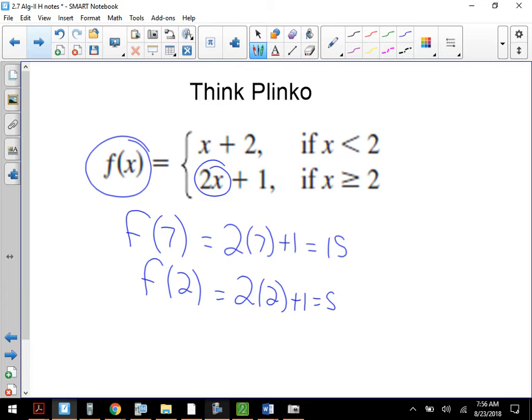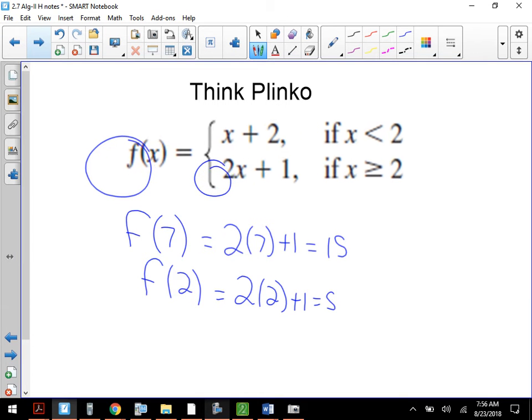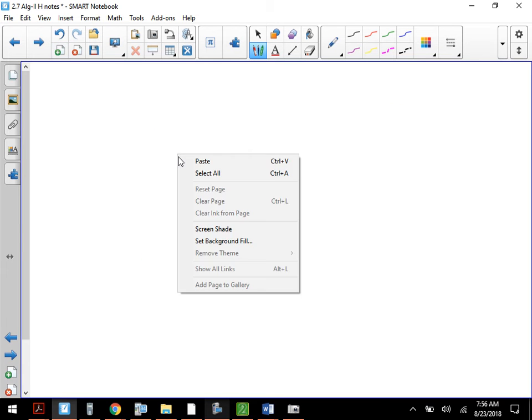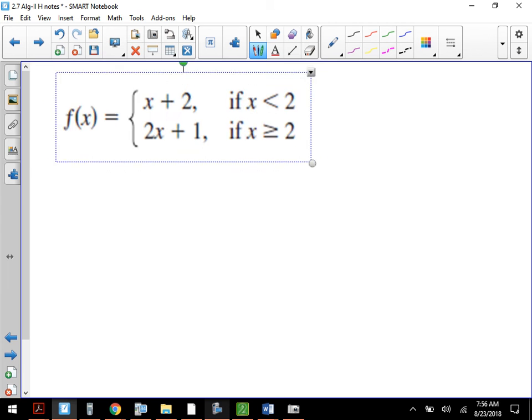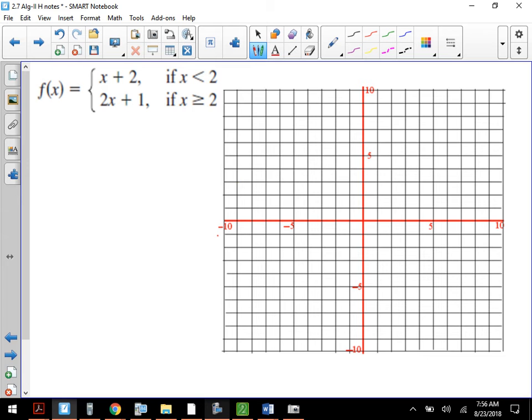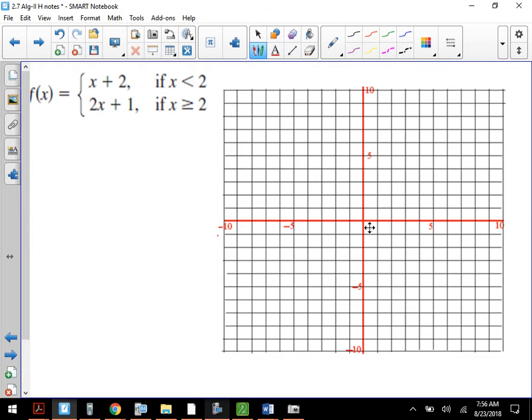Sure. You can use your own graph paper if you want. Better to have more than not enough. That's fine. Thank you. You guys got spares too? Oh, I'm sorry.